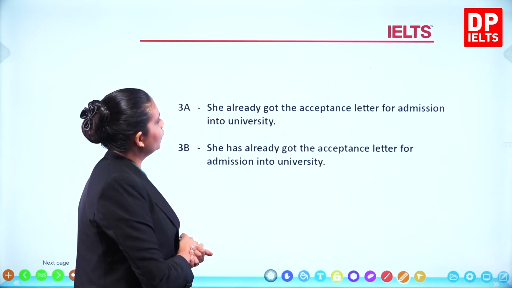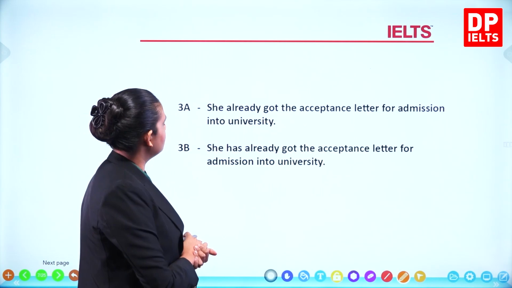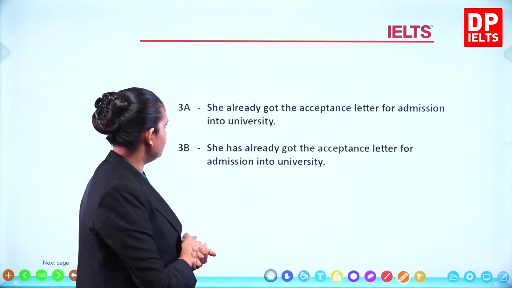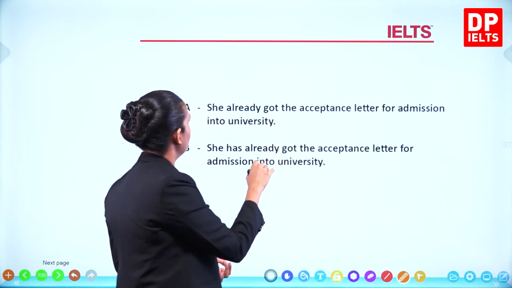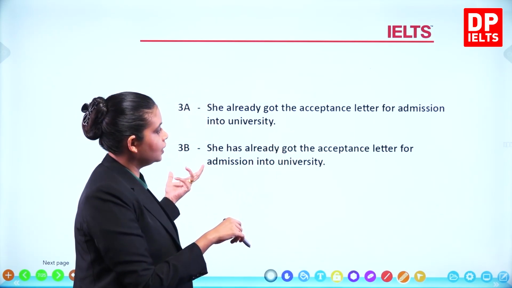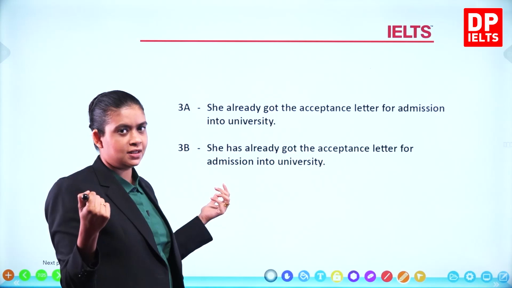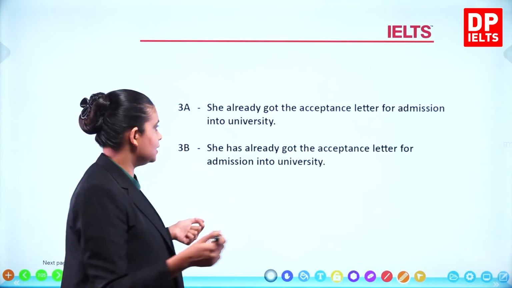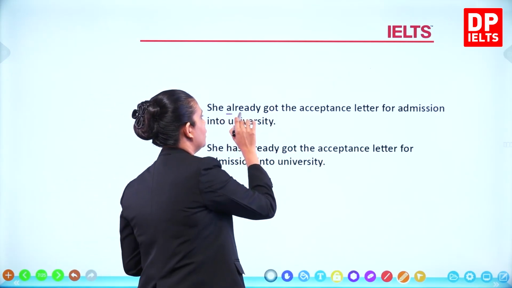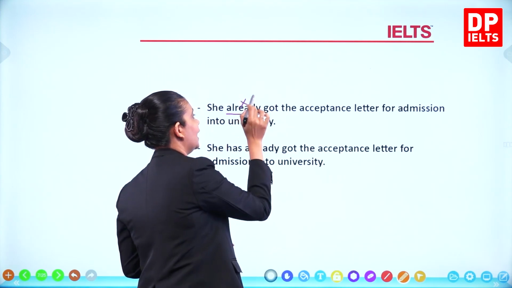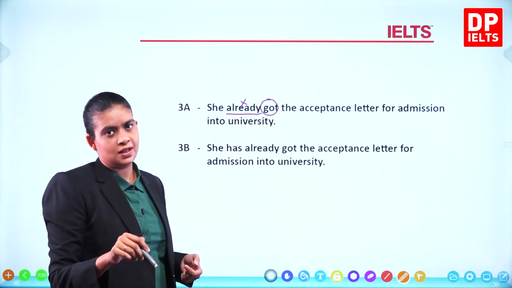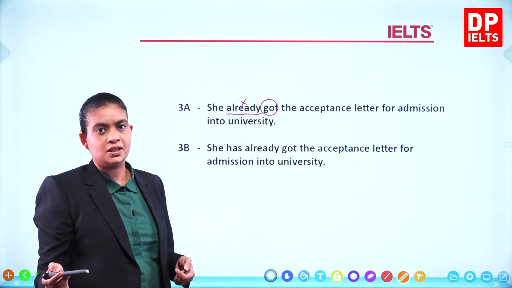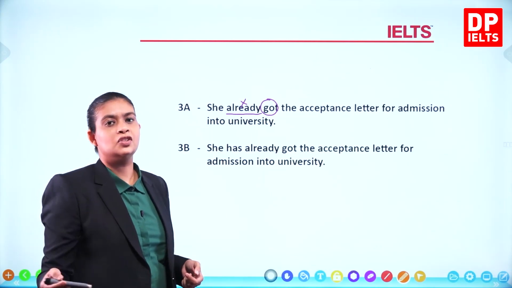She already got the acceptance letter for admission into university. She has already got, right? So if there is no time frame and the activity has been completed, you can't say she already got because already cannot be used in the simple past tense. So got is a past tense verb and you can't just use it.